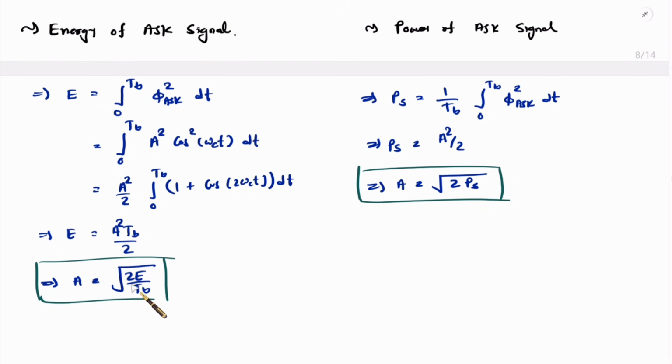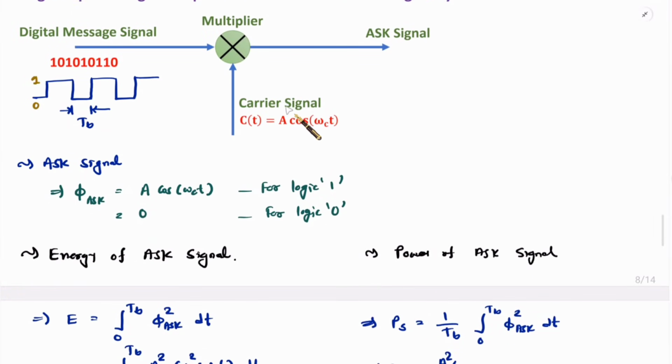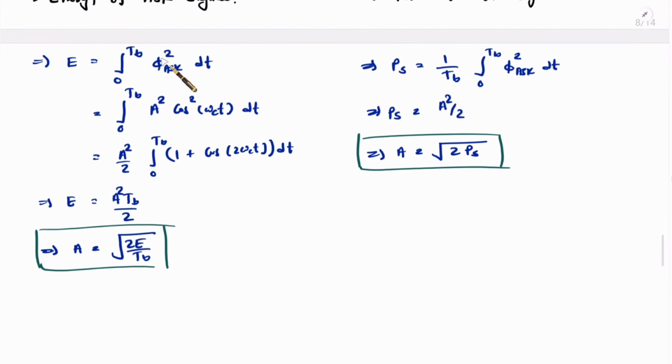So now we have amplitude of carrier with respect to power, and we have amplitude of carrier with respect to energy, right? Now here one thing that you need to understand. See, here we are talking about energy calculation, right? Now if I say we have a carrier, and if you want energy of carrier, that is equivalent to logic 1 energy, right? So here if I say this energy calculation, that is E, and that is what?